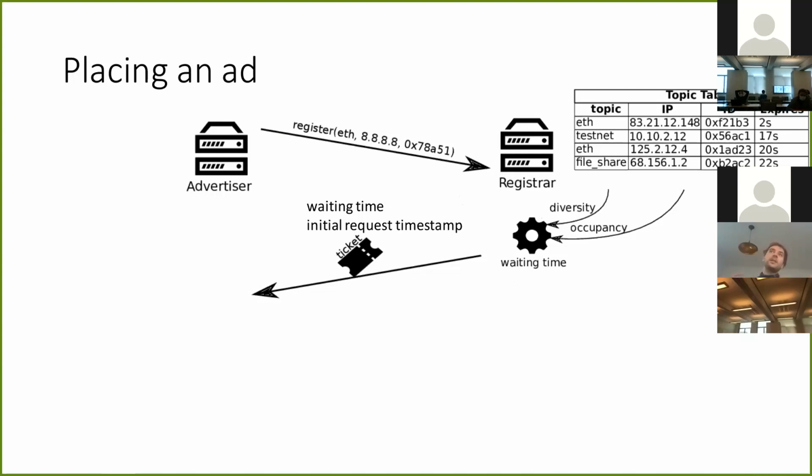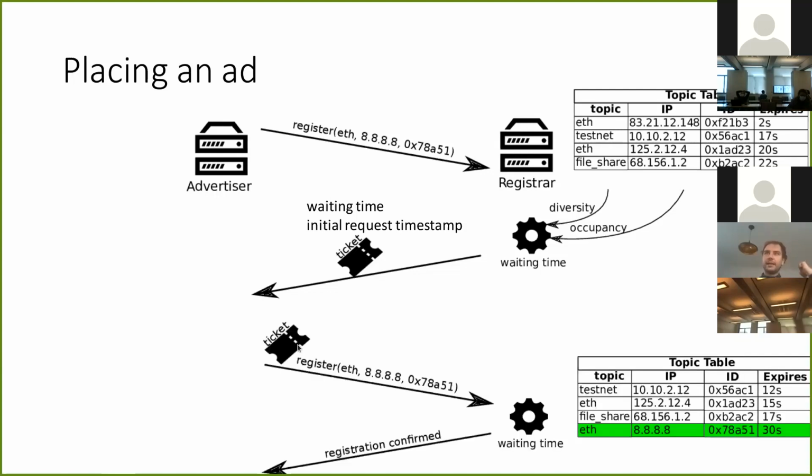If the advertiser comes before this waiting time, the registrar can detect it, because everything is timed. The advertiser cannot modify the content, and the request will just be ignored. But if you wait for enough time, you can come again. And this time we have to include this ticket in our request.